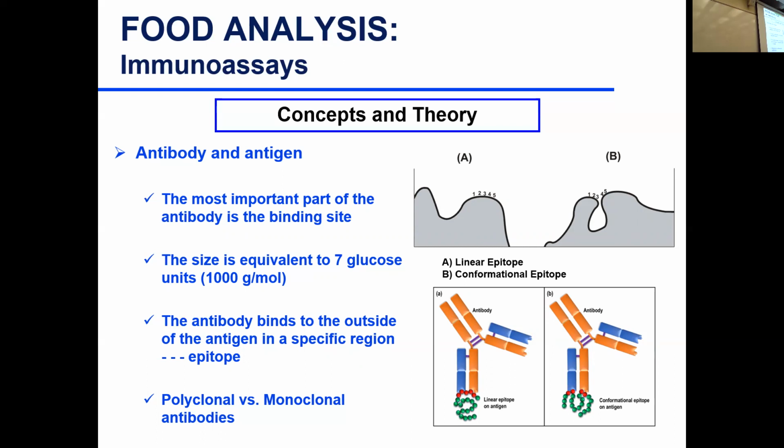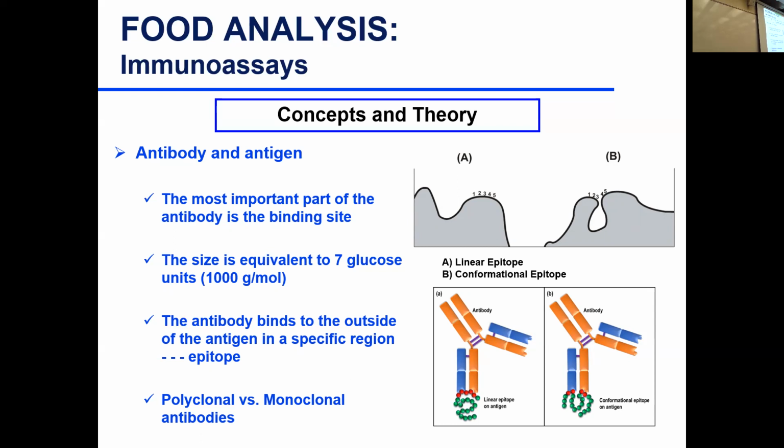So 3 amino acids here and 2 amino acids here form the epitope, or the region where it binds to the antibody. Here's an illustration of a linear epitope on a protein and a conformational epitope on another protein. So that's what it means.